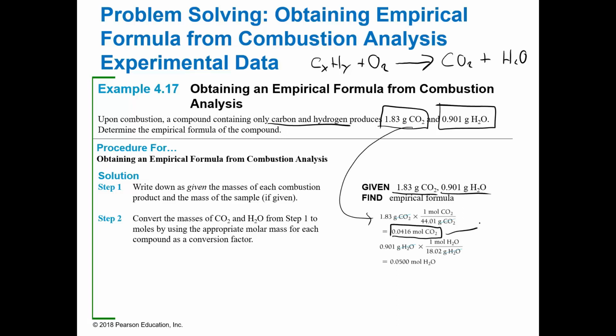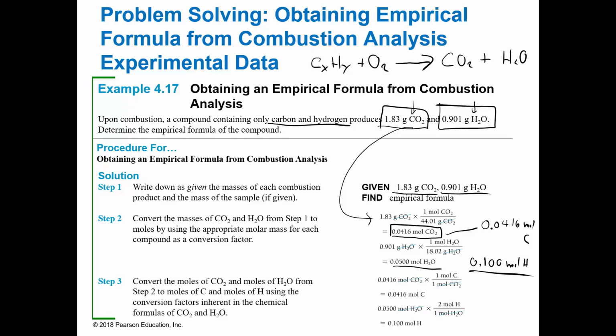And that's actually going to be equal to the number of moles of carbon. 0.0416 moles of carbon, because it's 1-to-1. There's 1 carbon incorporated, but here it's 2. So if I do this for hydrogen, you're going to have actually double that, or 0.100 moles of hydrogen in the original sample here, right?